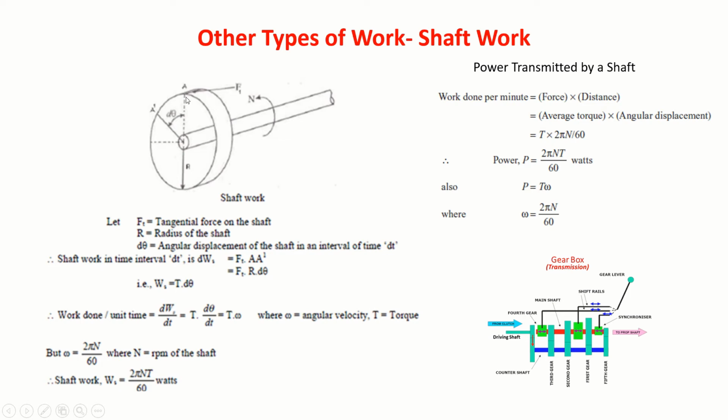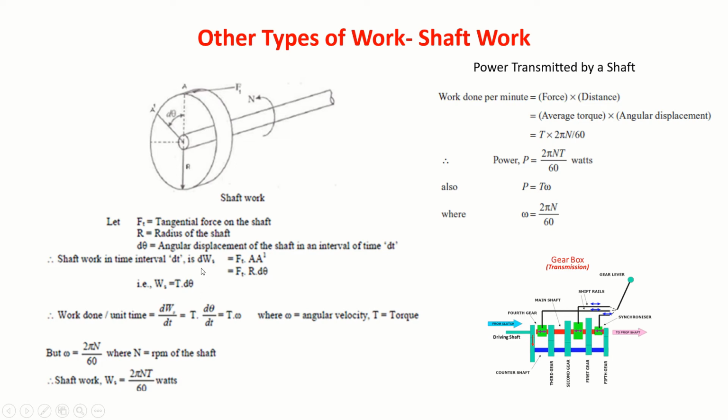Let us say the angular displacement is d theta. If r is the radius, then this length is r d theta. So this is the force and the displacement is r d theta.